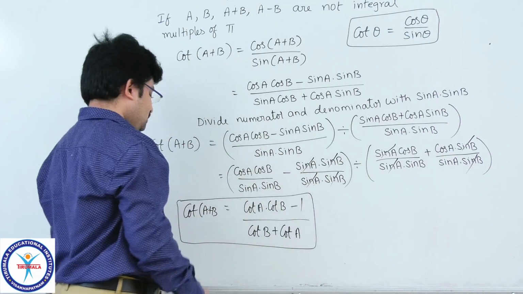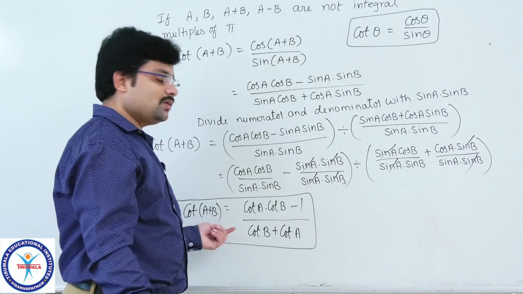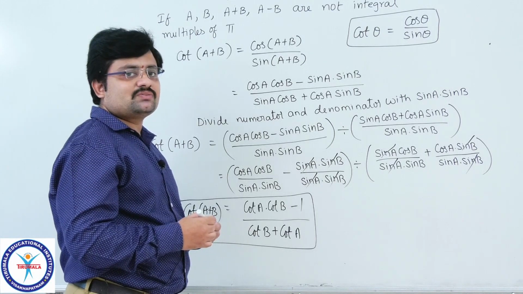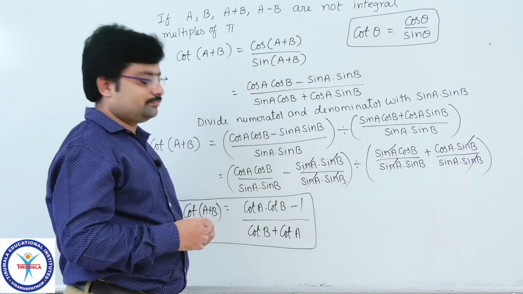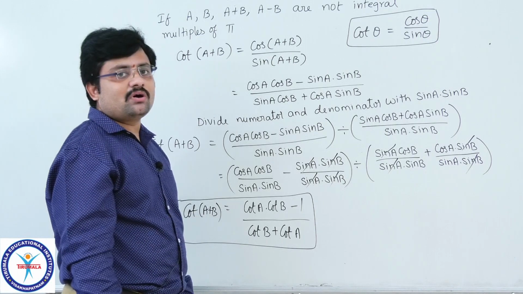So at last we can write cot(a+b) as cot a cot b minus 1 by cot b plus cot a. So, this is the derivation of cot(a+b).